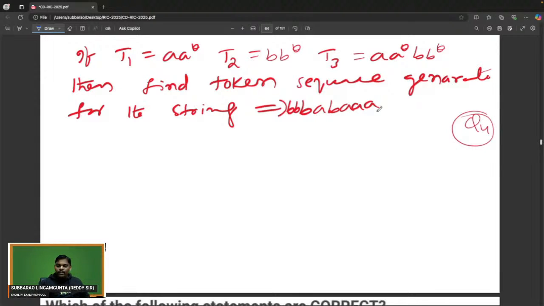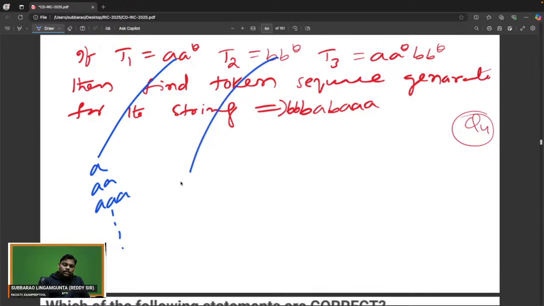So let's find out. As I mentioned, T1 minimal is single A, double A, triple A, and so on. T2 minimal is single B, double B, triple B, and so on.